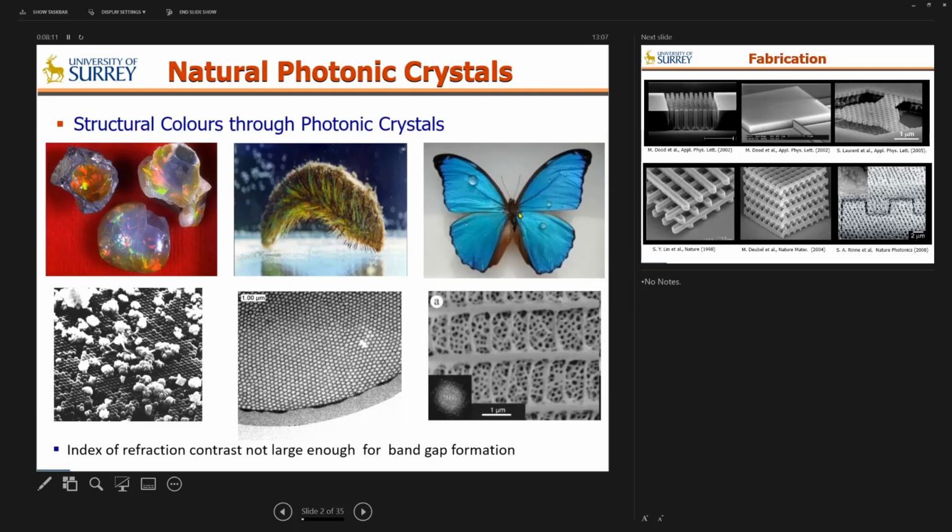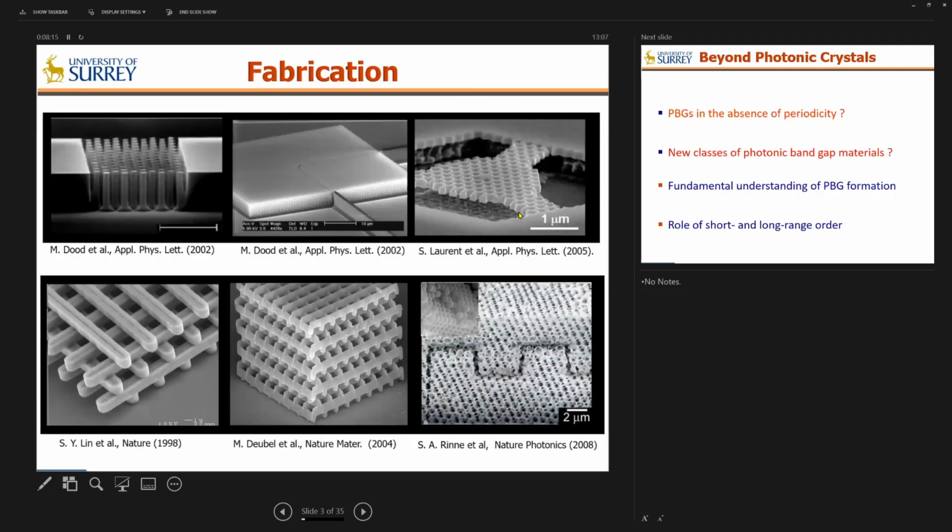Before dealing with that question, I would like to present to you some beautiful examples of fabricated photonic bandgap structures. And I start here on the left with a 2D periodic structure consisting of an array of dielectric rods, silicon rods in air. The index of refraction contrast between silicon, index of refraction 3.4 something, and air is now large enough to form a full photonic bandgap.